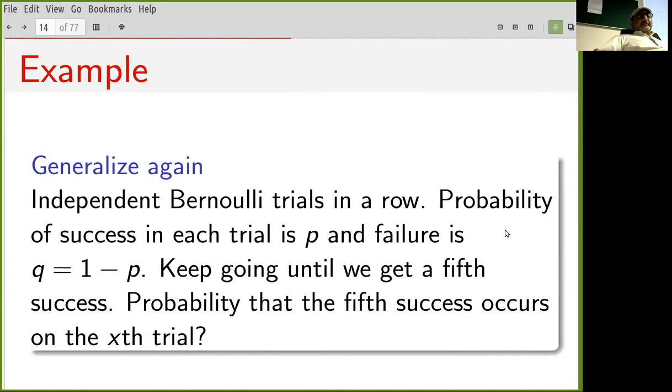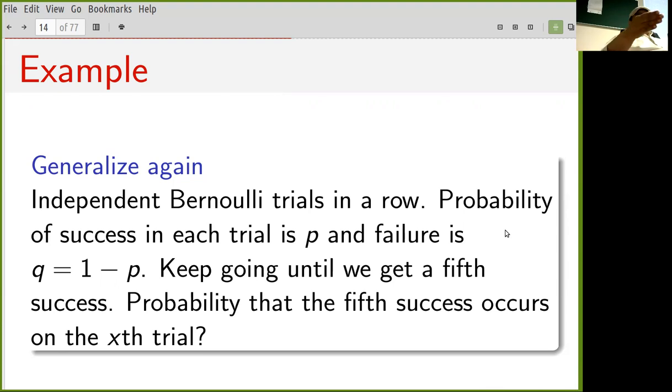Now let's generalize again. What's the probability that the 5th success occurs on the Xth trial, on trial number X? What does that mean? It means that in X minus 1 trials, you have to have 4 successes.